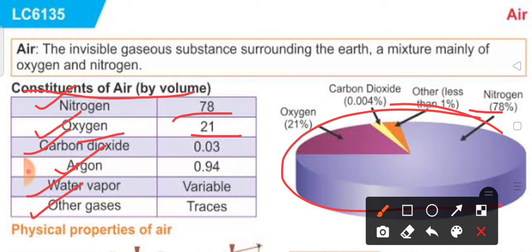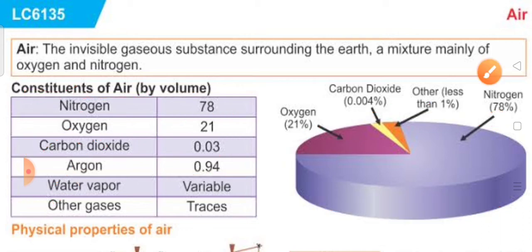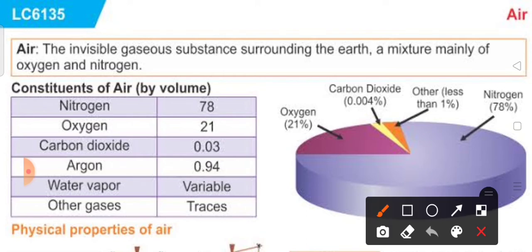Carbon dioxide is less than any other gas, at 0.03%. Argon is 0.94%, and the water vapor is variable, and other gases are also present in the atmosphere. From this we know the constituents of the air, in which oxygen and nitrogen are the main constituents.